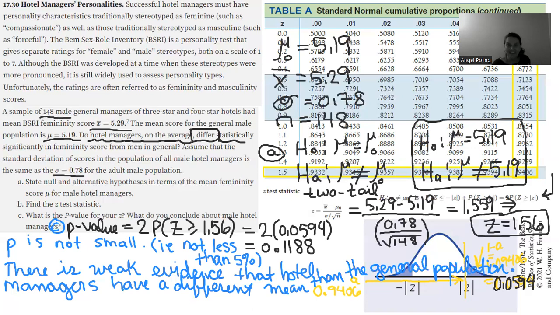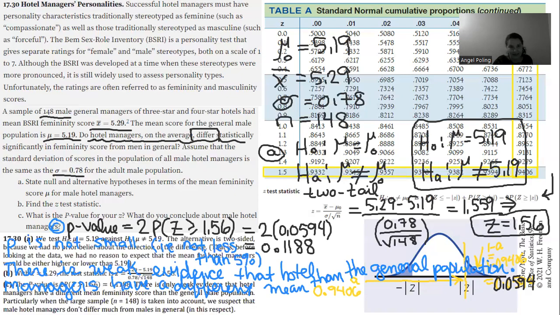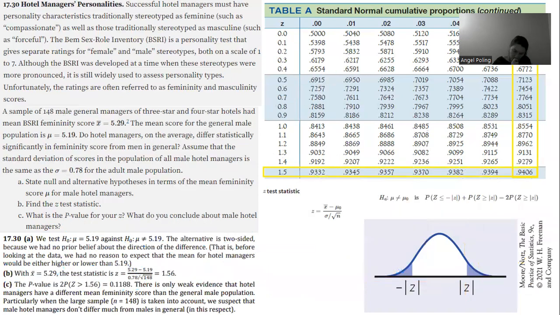Okay, so let's take a look at what the book says, and then you can be on your way. Let's read the last one first so I can erase this. So, all right, let's read theirs. They have mu equal to 5.19 for H naught. We had that as well.